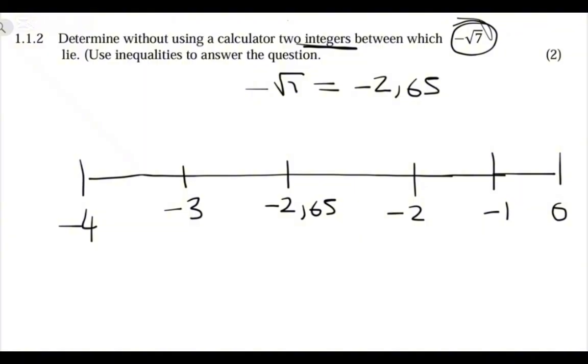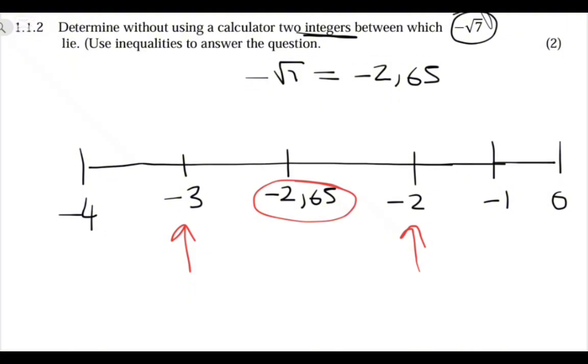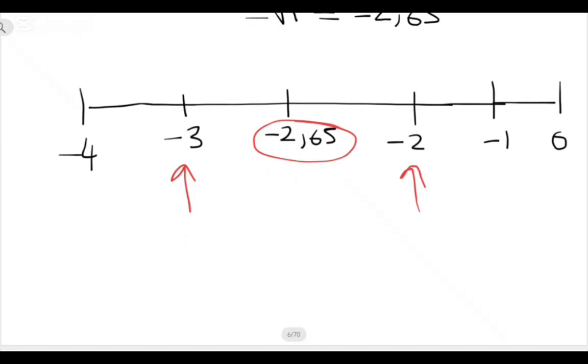The integers that are found around this number are negative 2 and also negative 3. They are found around negative root 7, so these are the integers that you get there. To answer this kind of question, we just take them. So this is going to be negative 3.